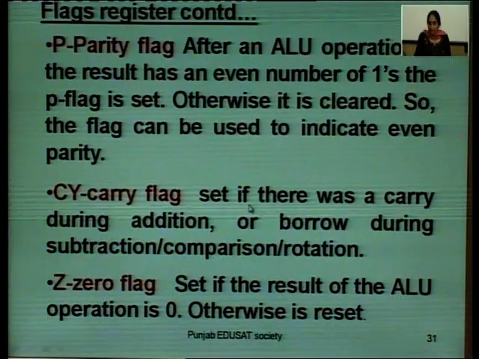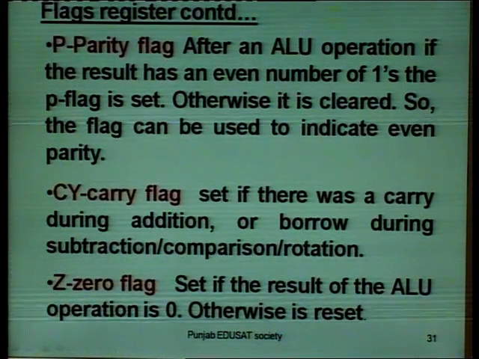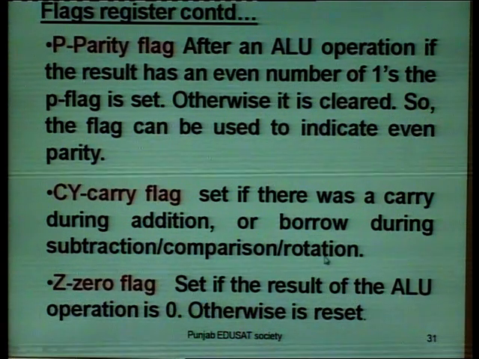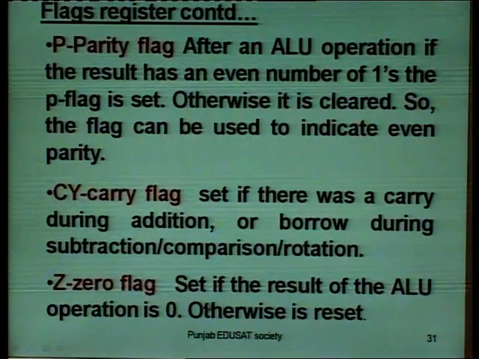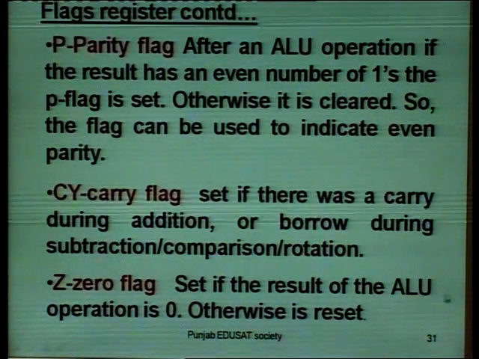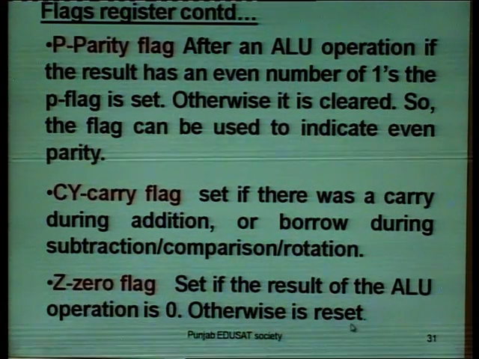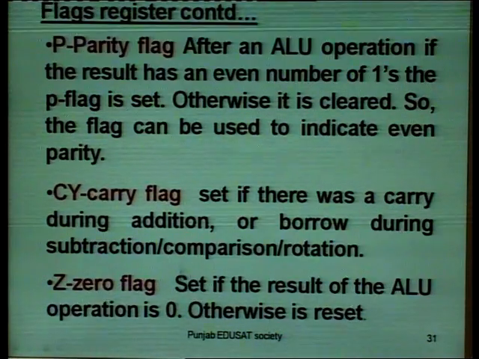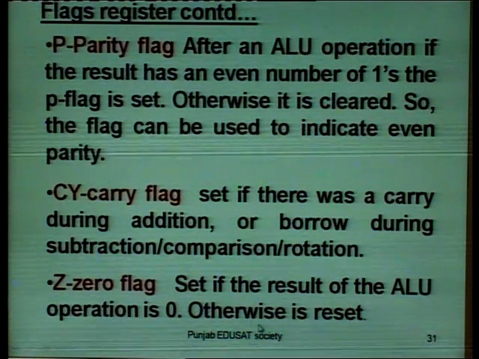It is set if there was a carry during addition or borrow during subtraction, comparison, rotation. Zero flag. It is set if the result of the arithmetic logic unit operation is 0, otherwise it is reset. If any result comes 0, then this flag is set, otherwise it is reset.